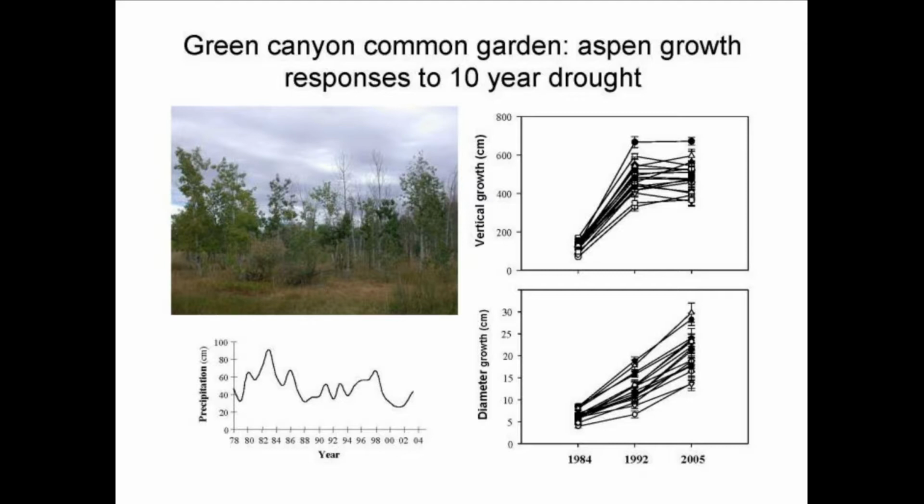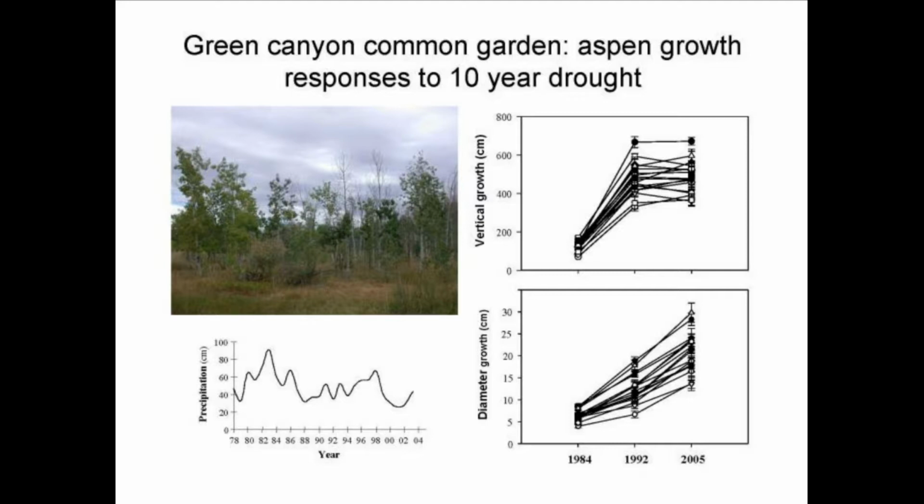What's interesting is you actually get a height plateau from 92 to 2005, which corresponds to some pretty dry years. And again, that supports the idea that cavitation may be playing a role in inhibiting the transport of those resources to the top of the tree. And so the top of the tree dies out, and you don't get continued vertical growth.